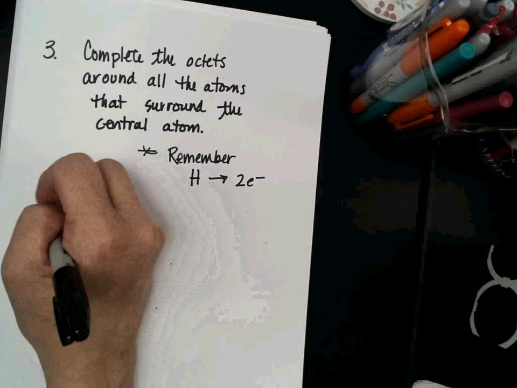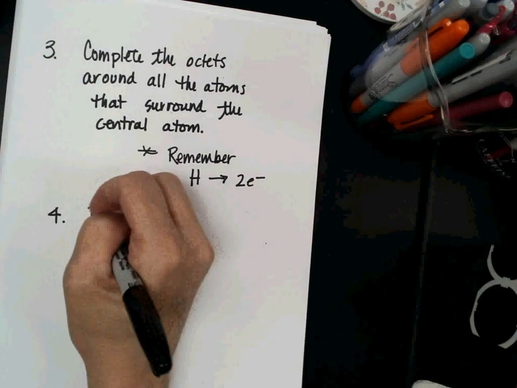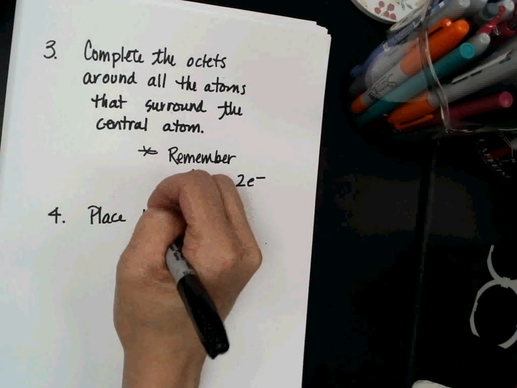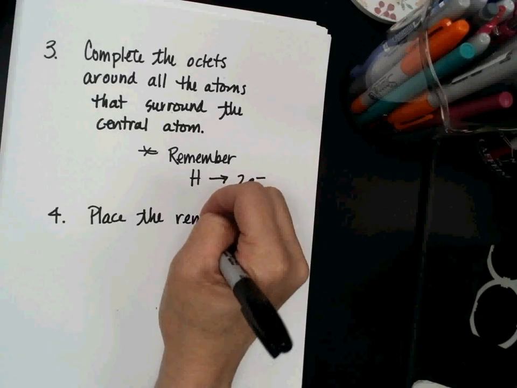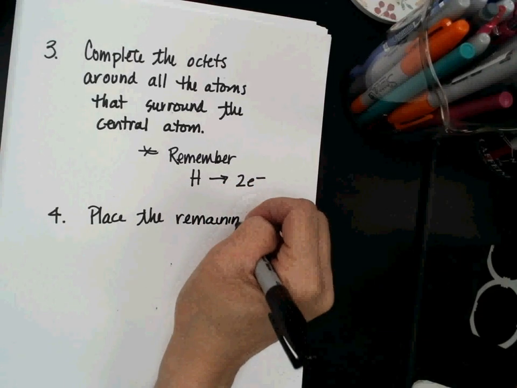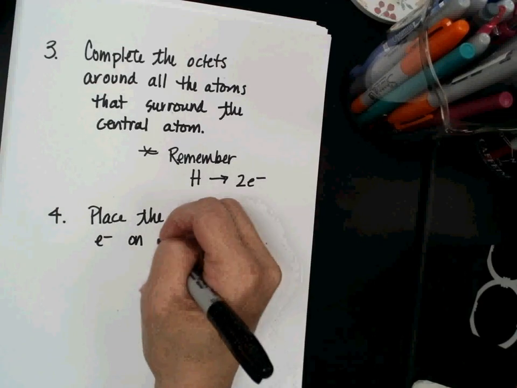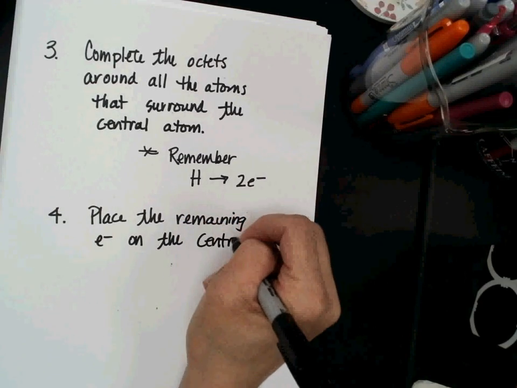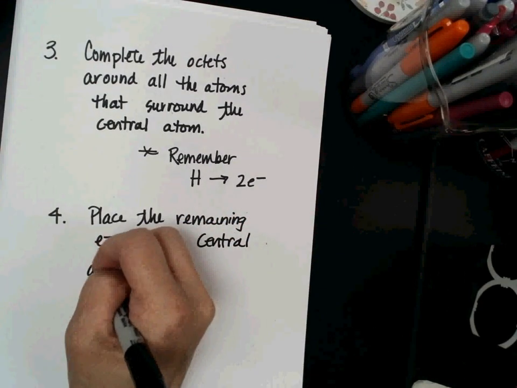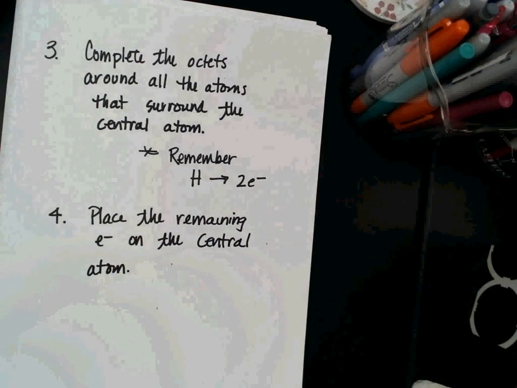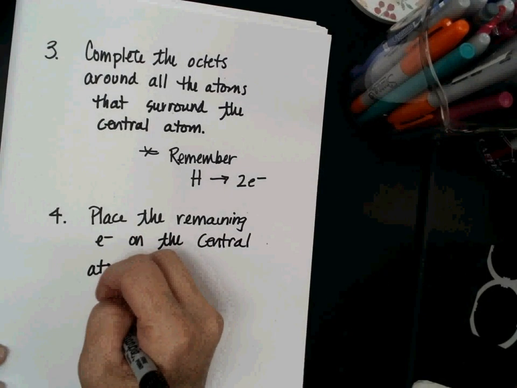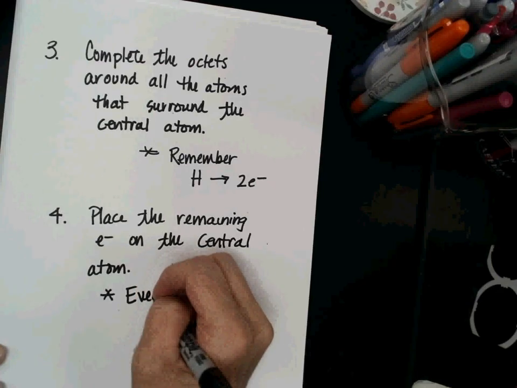Once I've done that, once everybody has an octet, I place the remaining electrons on the central atom. And this is important to remember.